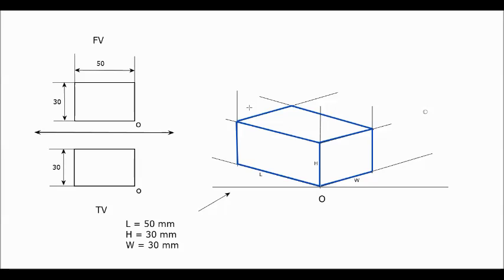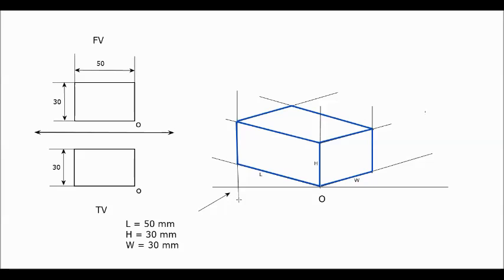Now while giving the dimensions to the object, you have to draw lines parallel to the isometric lines. For giving the length of the object, you can give the length on the top surface as well as on the front surface. So we'll give the length on the front surface as it is given in the front view.